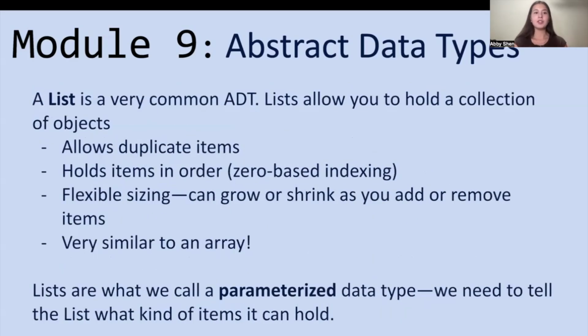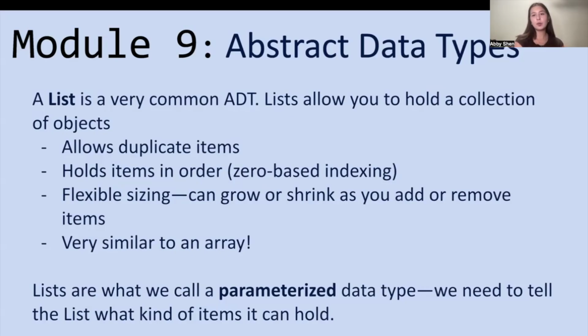To start off, the first abstract data type that we'll go over is the list. List is super common, and it allows you to hold a collection of objects very similar to how an array does. Some things to remember about lists are that they allow duplicate items. They hold items in order with zero-based indexing, which is, again, very similar to what we've seen with an array.